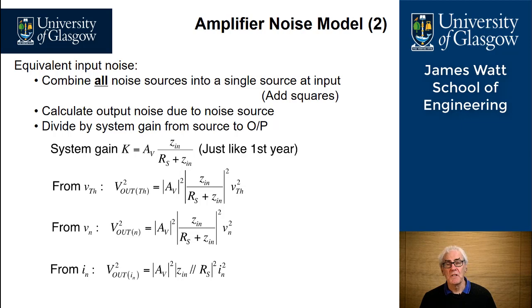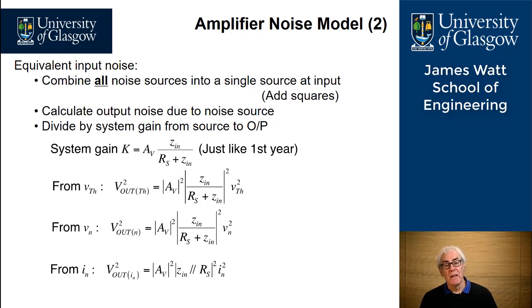And we've got several noise sources combining to contribute here. The first one is the Vthev, which is the noise coming from the source. If we take the square of all the numbers, we have the voltage at the output squared equals the gain squared times the potential divider factor squared times the voltage Vthev squared.